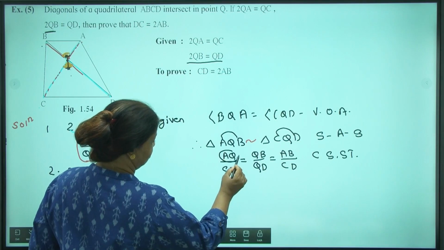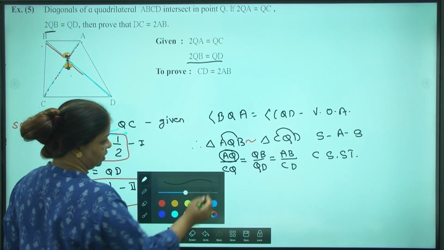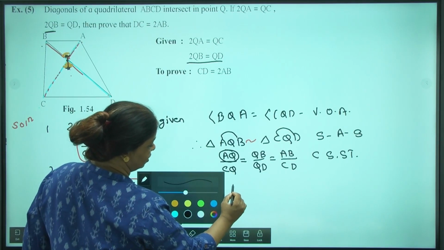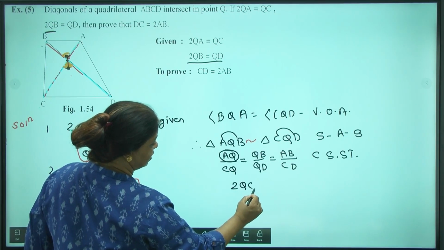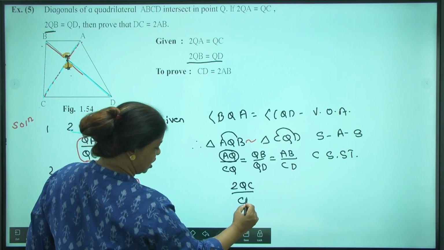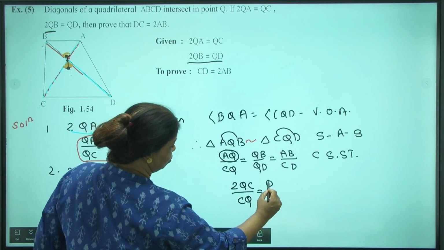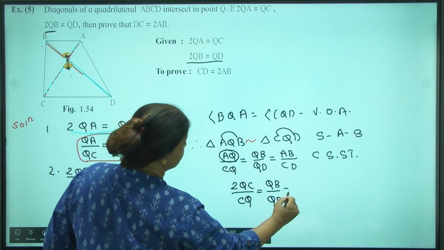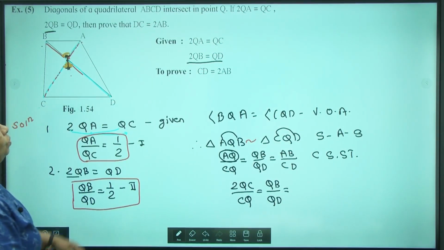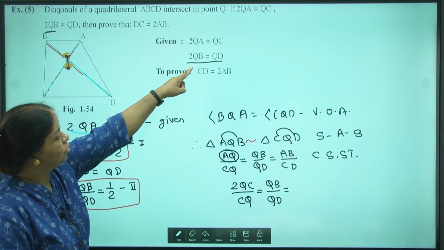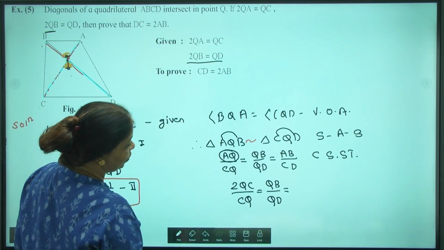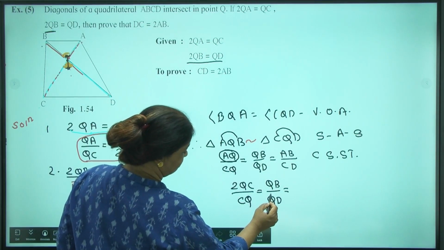Can I place the value here? Yes. QA is given 2 times QC. So let us write 2 times QC upon CQ is equal to QB upon QD, which is equal to, 2 times QB is equal to QD. QD is here.